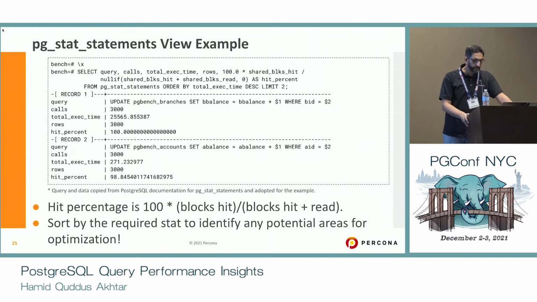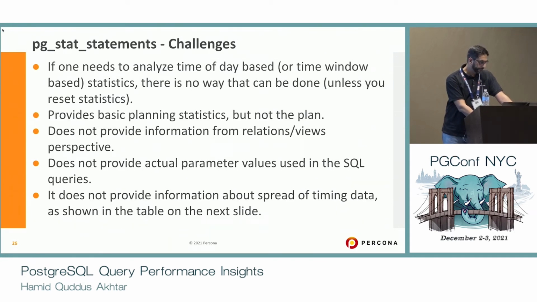It's a simple ratio of blocks hit and blocks hit plus read. And then obviously you can sort it to see which queries are being executed more, which have the total time of the highest order. So that's a very useful way of looking at queries where the time is actually being spent in the execution.